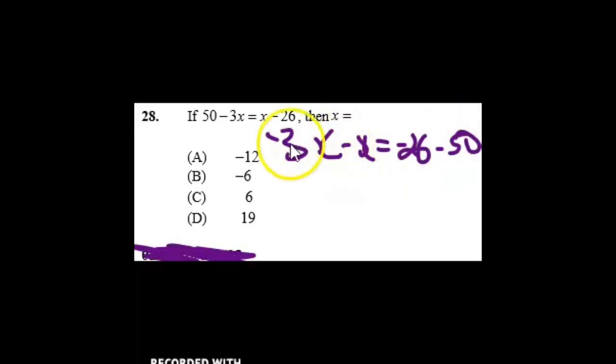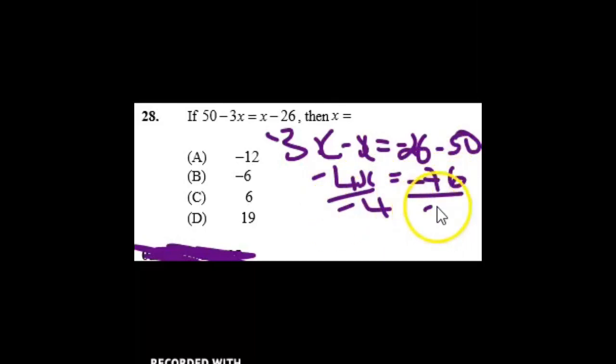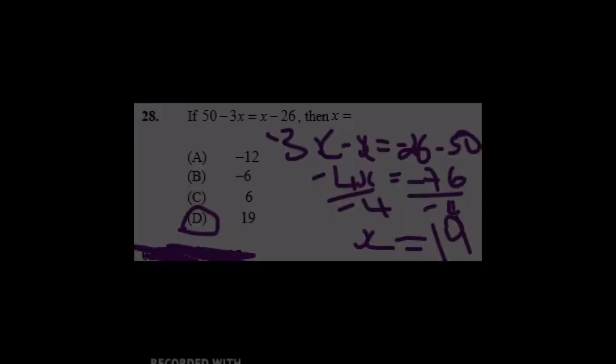So this would have given me negative 4x, and 50 and 26, negative 76. We're going to divide by negative 4 on both sides. So x would be equal to positive 19, because when you divide by 2 negatives, your answer is positive.